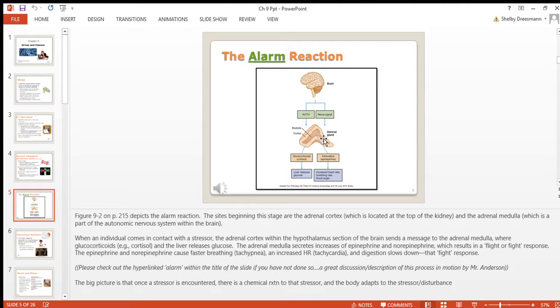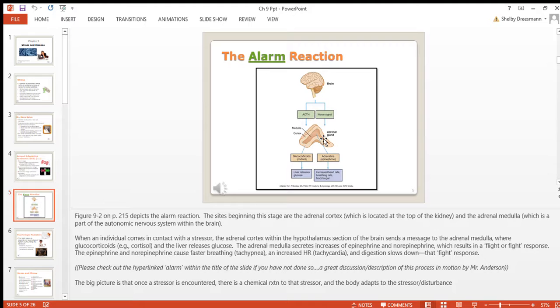When an individual comes in contact with a stressor, the hypothalamus, which is in the brain up there, sends a message to the adrenal medulla, where glucocorticoids and the liver release glucose. The adrenal medulla increases epinephrine and norepinephrine, which results in a fight or flight response.